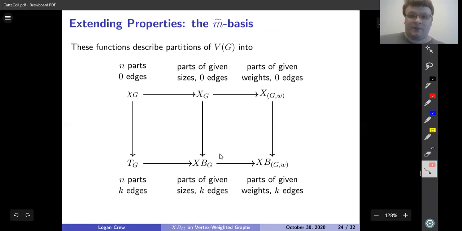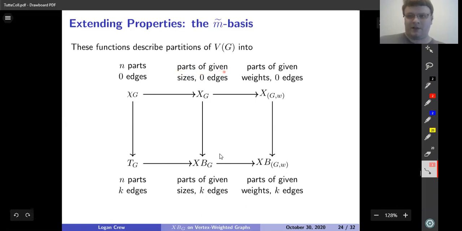The corresponding property on chi_G is this one. It's the number of colorings, which means one way you can view that is the number of ways to partition your graph into n sets, and those sets have no edges inside of them, because a proper n-coloring does that. So that's the information you get from chi_G. From X_G, we get this extra information that we can tell what the sizes of the parts are.